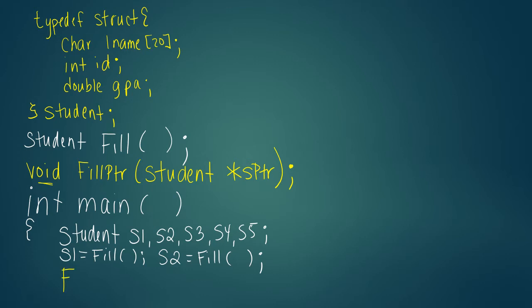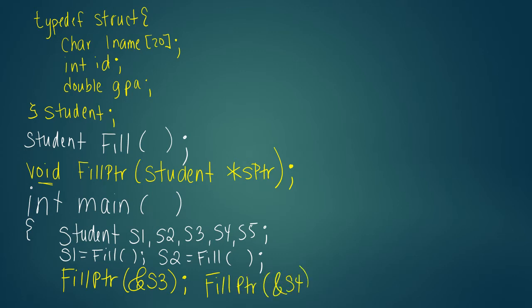So I would make the function call to fill pointer and pass it the address of, say, S3. Or I could make another call to fill pointer and pass it the address of S4. This works just the same way that pointers worked. As long as I declare an instance of a student, all I need to do is put the ampersand in front of it, and it becomes a student pointer.